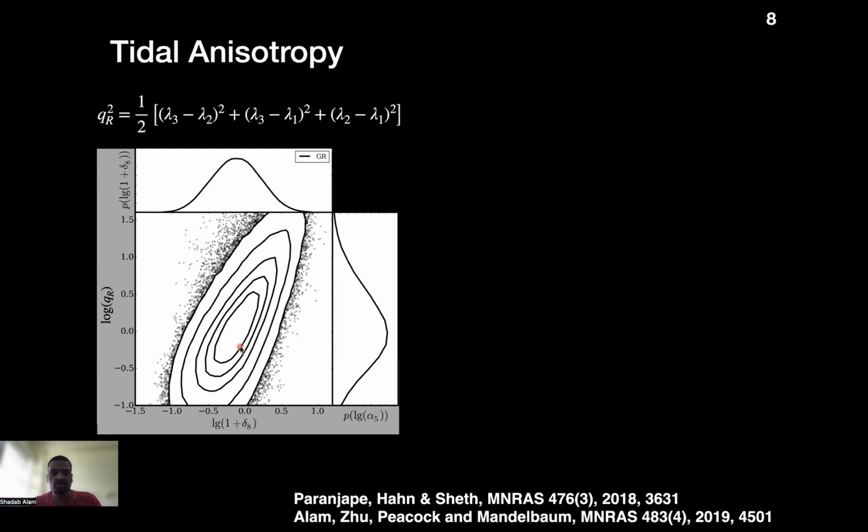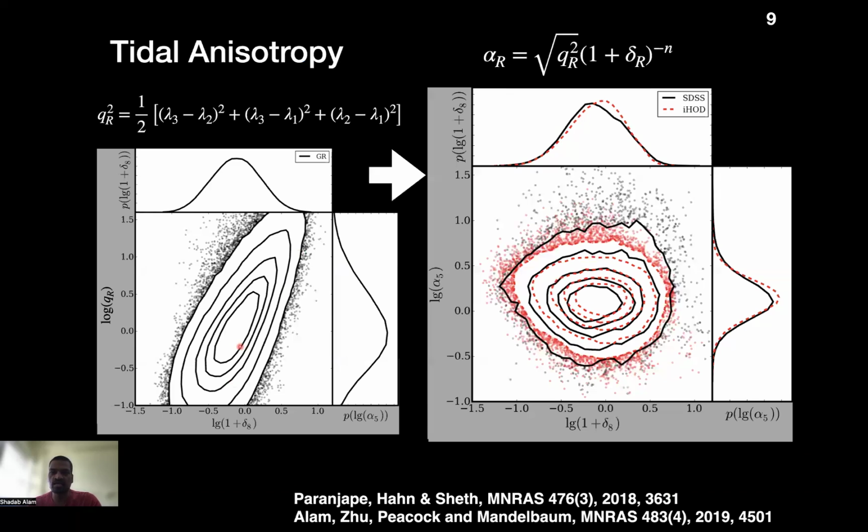And so to avoid this, and you can reason out why this needs to be the case, at least in linear theory, we have defined a quantity called tidal anisotropy, which is essentially scaling out your tidal shear by the overdensity. And then you find that the tidal anisotropy and overdensity are much less correlated. They are both basically independent tracers of the environment, and that simplifies all the further analysis we are going to do.